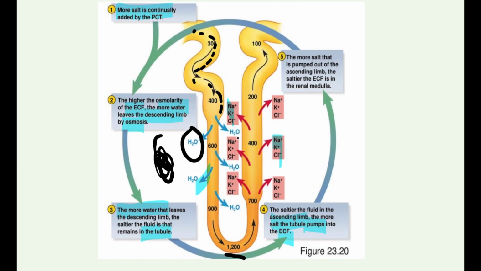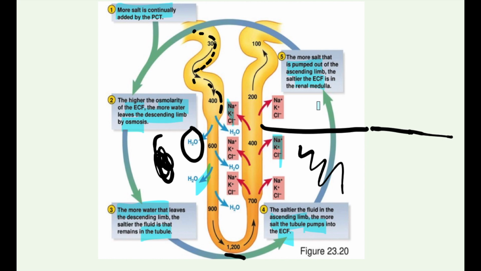Now this is kind of like a balance, like a seesaw. One goes up and the other goes up. So more salts are taken out, creating that iconic medullary osmolarity, and the more salt that is pumped out of the ascending limb, the saltier the extracellular fluid becomes, and the renal medulla becomes more salty, creating that osmolarity that we all know.